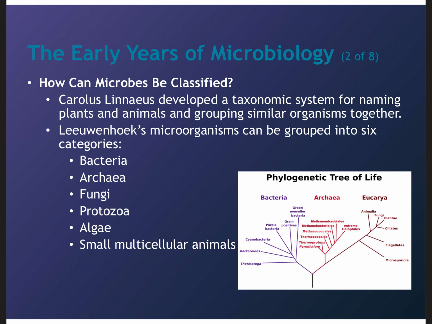So bacteria and archaea, these are actually domains, right? So these two are domains. Fungi, protozoa, algae, and small multicellular animals all are going to fall into the eukaryotes, right? So there's a lot of diversity here that we're going to go over in microbiology just based on the sheer number of different microorganisms that we see.